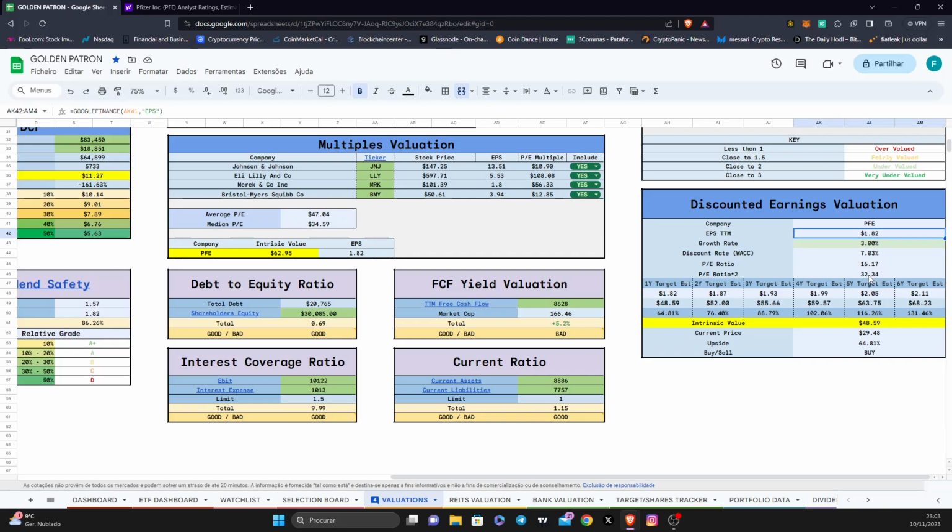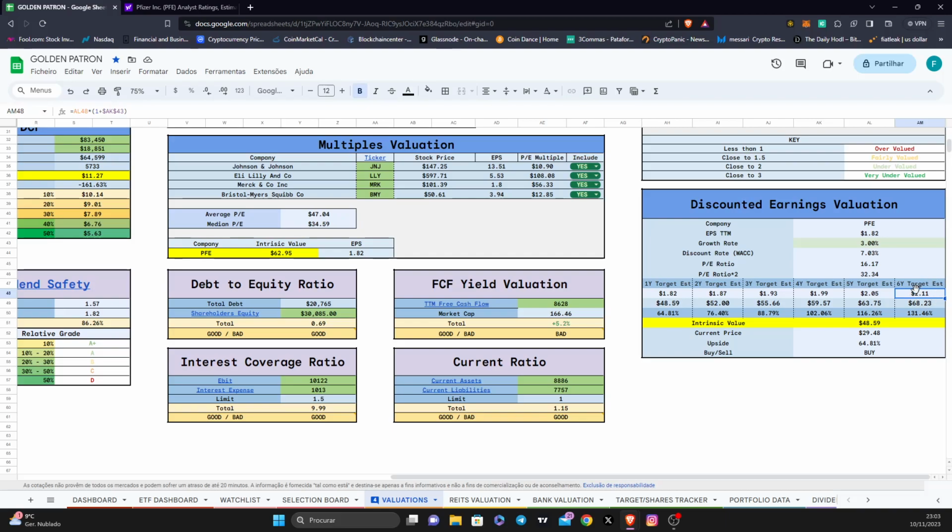Once the basic data fills in, what it does is take the earnings per share and the growth, as you can see, and it takes us 6 years into the future, giving us the earnings per share in 6 years.